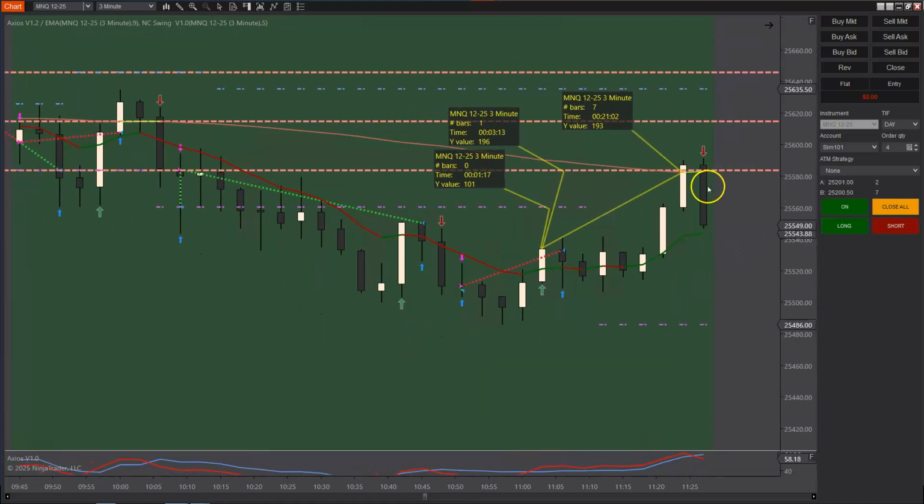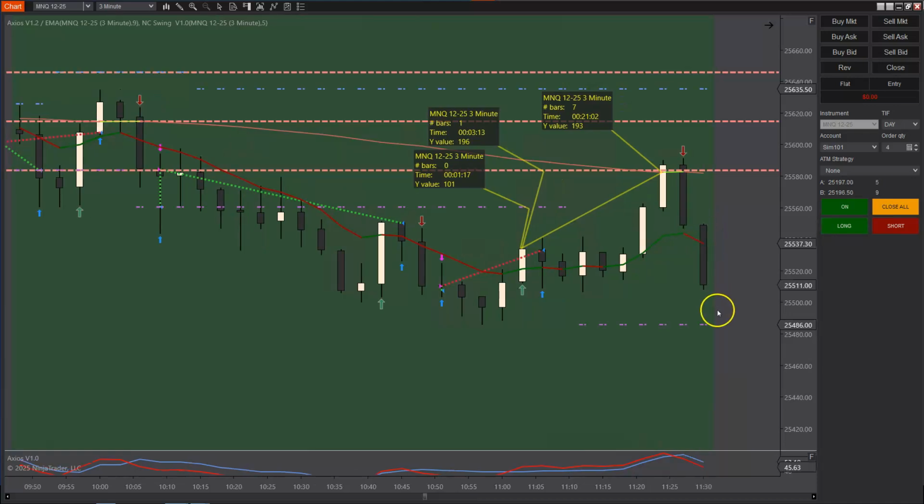But here, on the signal candle itself, we don't close below the 9 moving average. The next bar we do, even though with the automation settings we have set up right now the strategy will not take this trade.